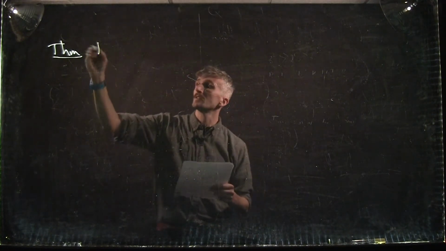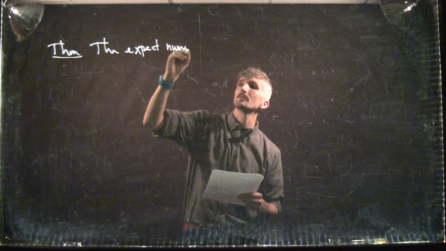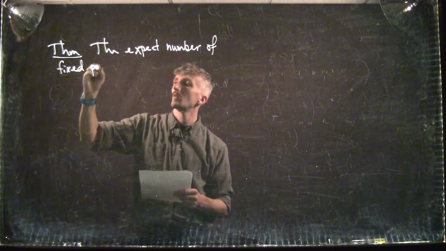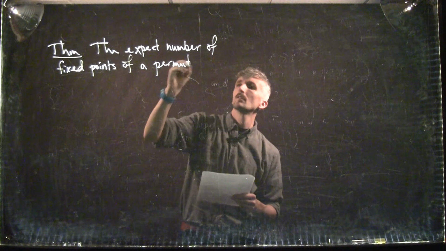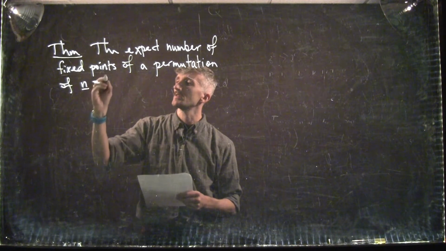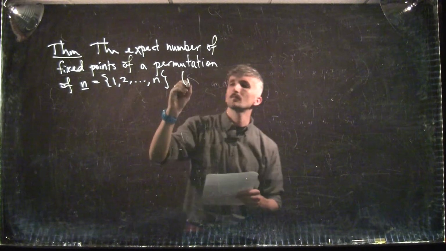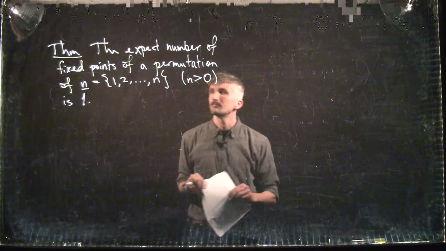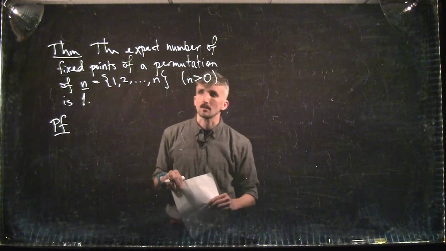It states that the expected number of fixed points of a permutation of 1 through n, where n is bigger than 0, is 1. Okay, let's prove this using linearity of expected value.